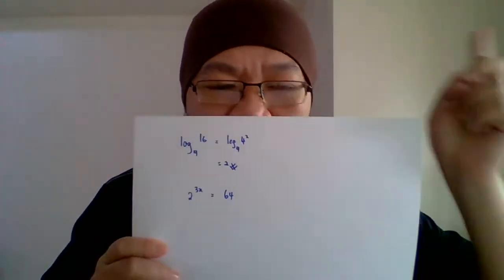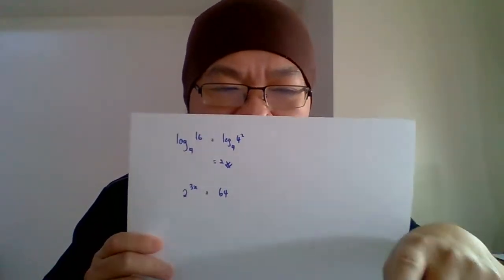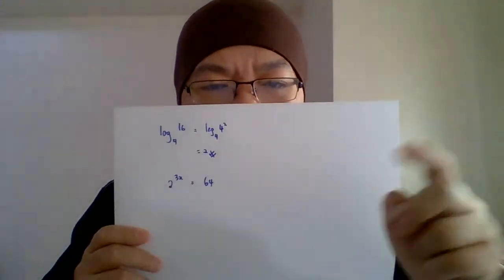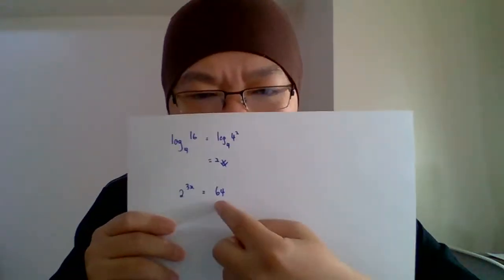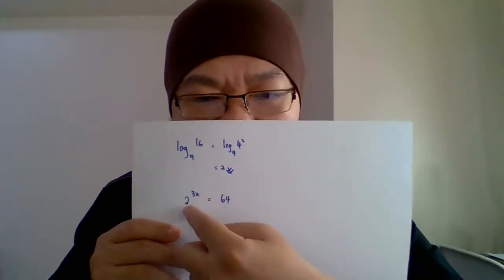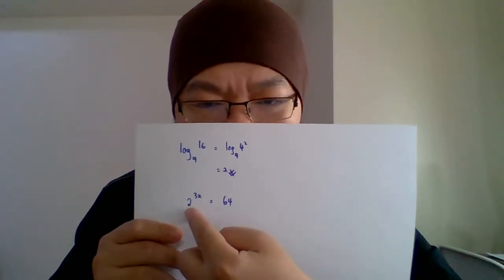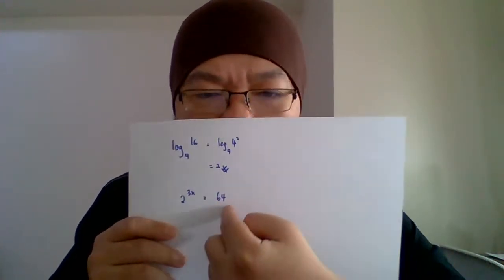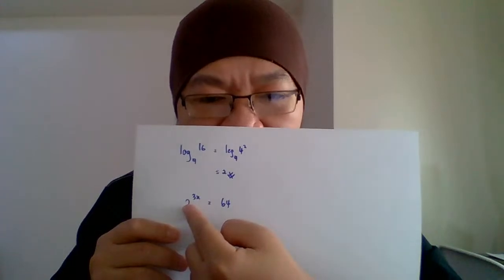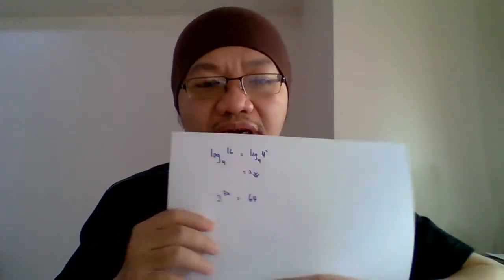If you still remember my first video of this chapter, we talked about converting the numbers on the right side so that they become a similar base to the left. Since this is base 2 and this is 64, can we convert 64 to become 2 power something? Yes, because 64 comes from the times table of 2. So it becomes 2 to the power of 6.